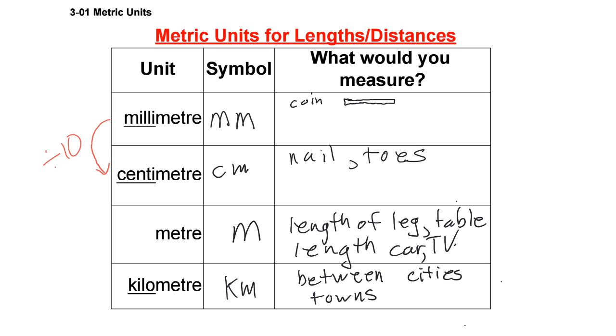So for example, Listowel to Wingham, I'd say it's maybe about 30 kilometers. And now you have an idea of how these different distances relate to the real world.